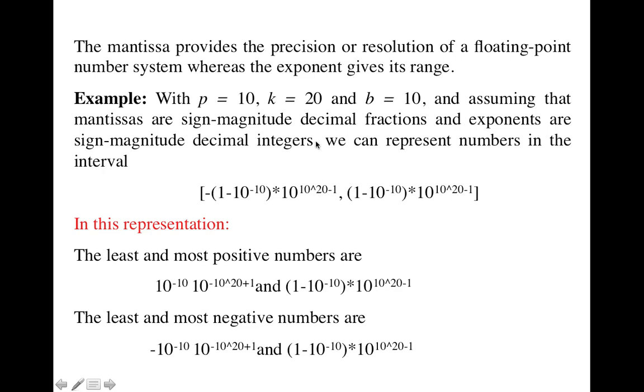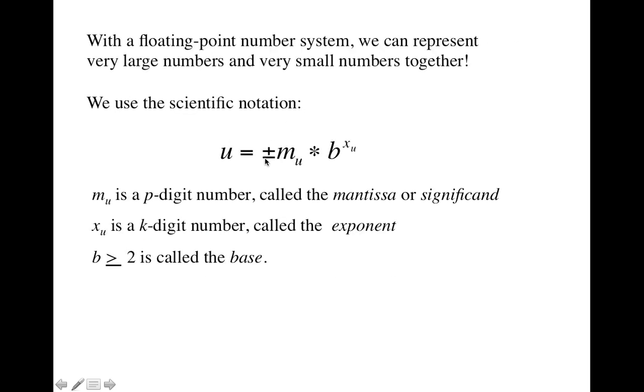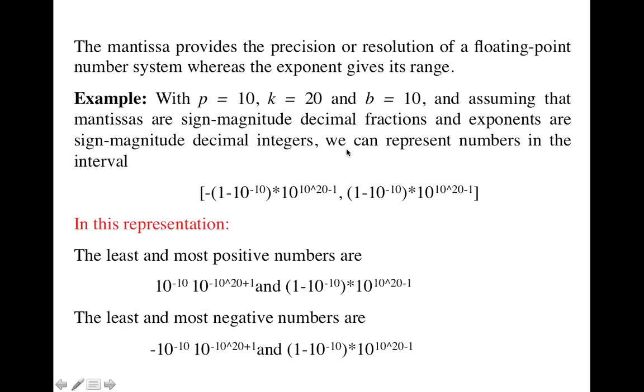That's as far as we could actually push this exponent with 20 digits. And this number itself, that the exponent is also represented in base 10, that is to say being a decimal number, is what gives us this 10 to the 20 minus 1 number here as the largest exponent.